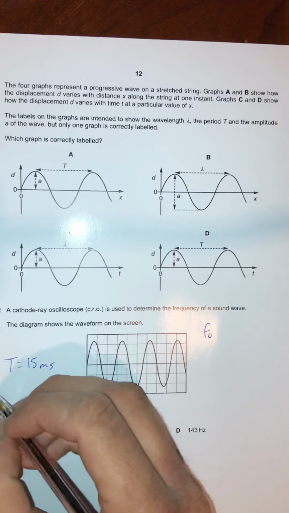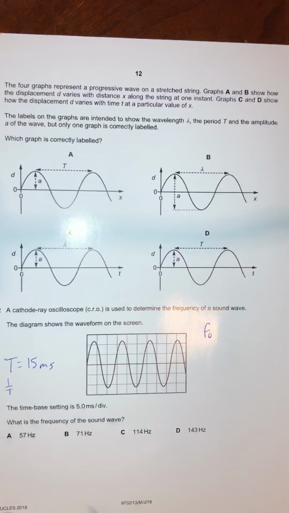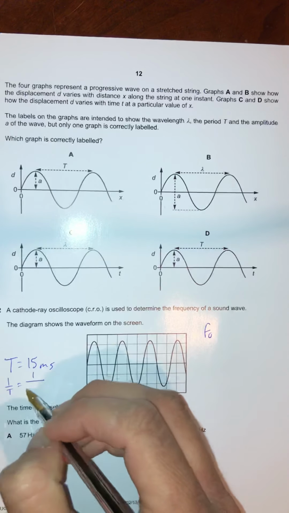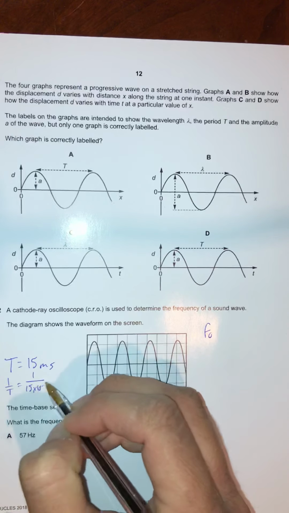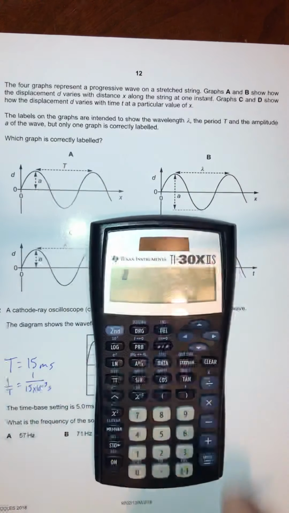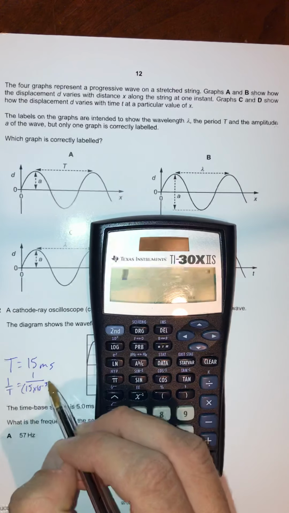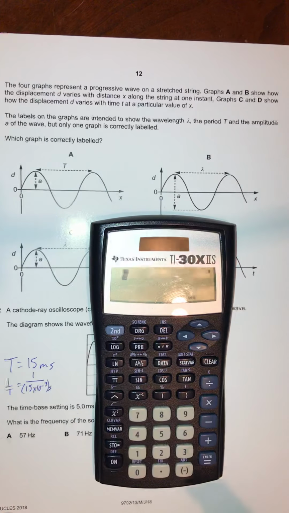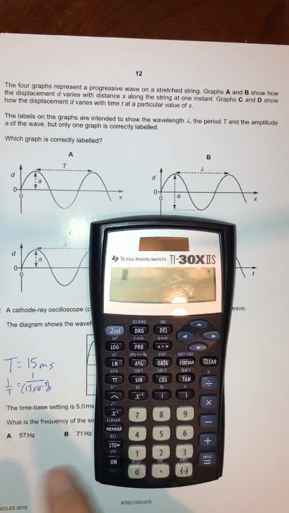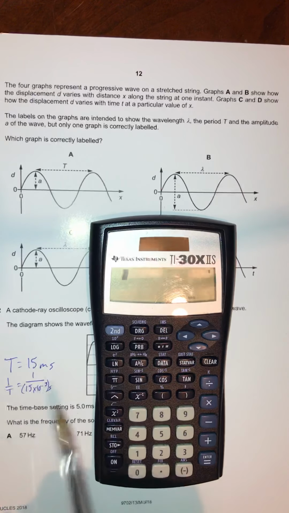The relationship between period and frequency is that they're inversely related, so the frequency is just 1 over the time period. The calculation is going to look like 1 over 15 milli, and milli is the same thing as 10 to the negative 3. Make sure that when you're using a value in scientific notation, you're plugging it into your calculator using grouping symbols, because you don't want your calculator to divide by 15 and then multiply by 10 to the negative 3, but divide by that entire quantity.